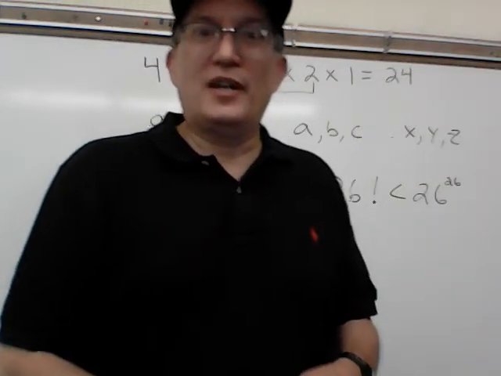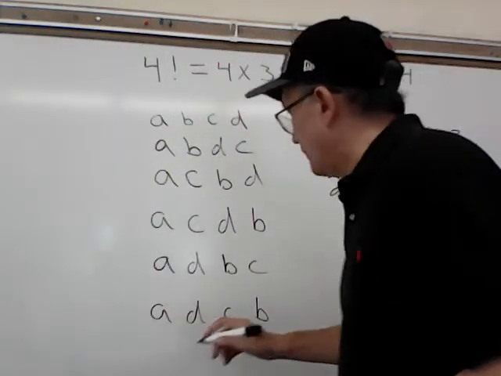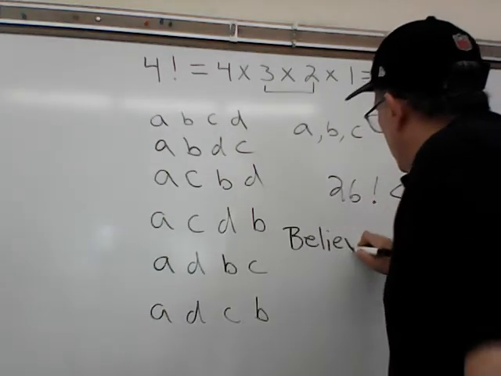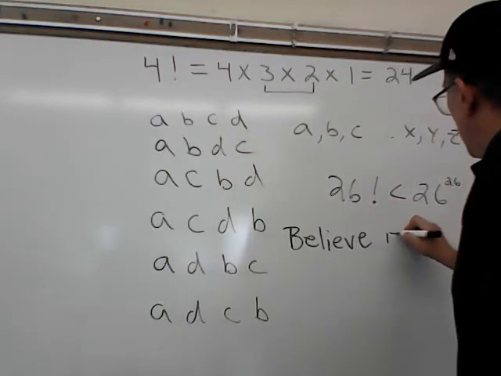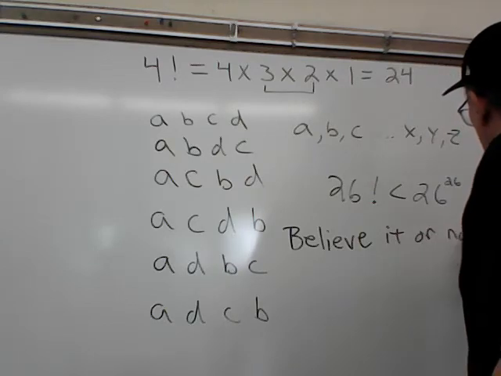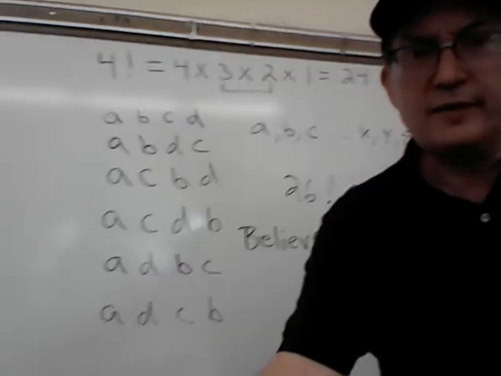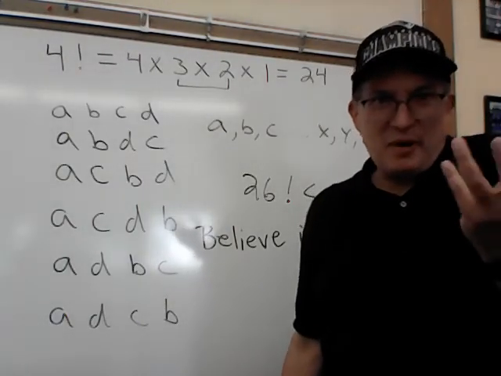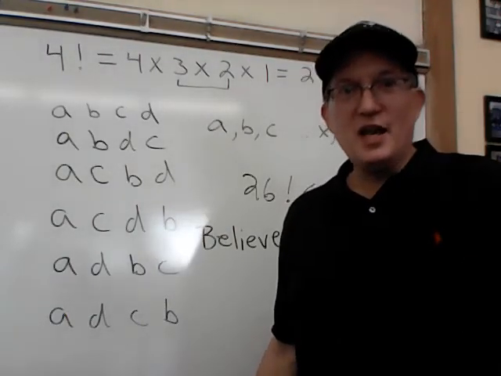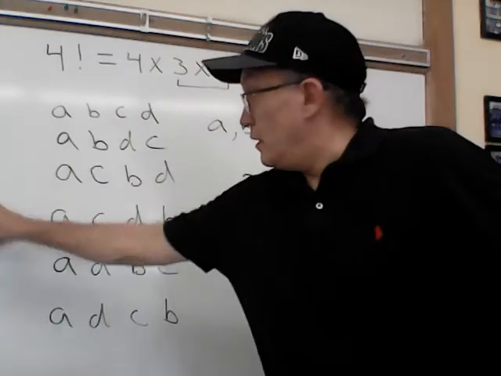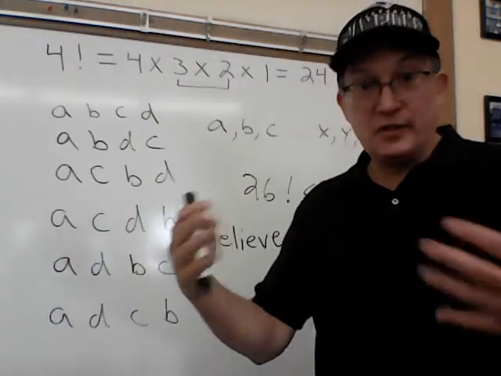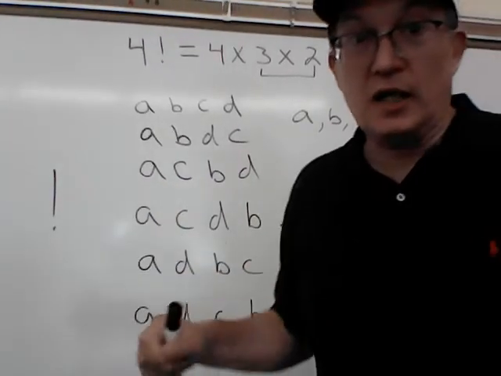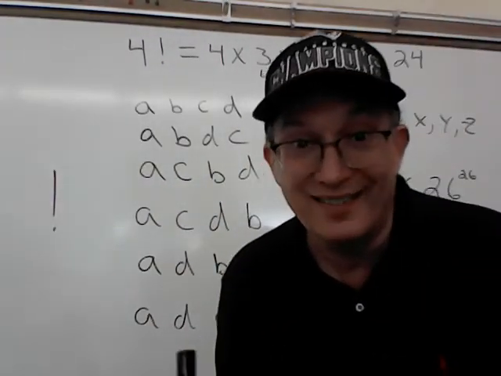I want to leave you with this one last statement. And it goes like this. Believe it or not, this is a pun. I'm going to tell you now what I'm about to show you is a pun on something in the ordinary English language, the exclamation mark like, math is cool!